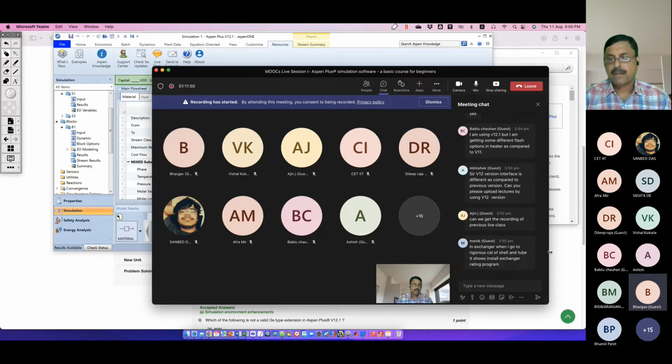Rigorous calculation of shell and tube exchanger needs a bit more extensive calculation procedure, and that we have not practiced.